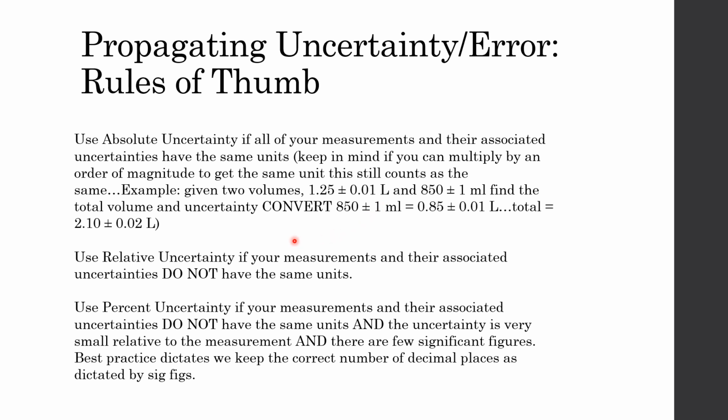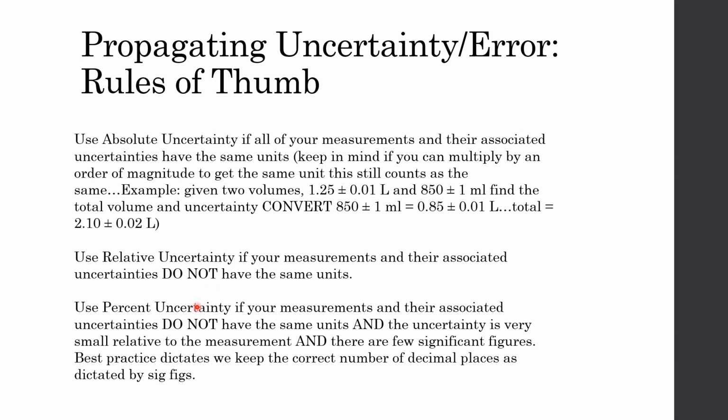Now, for relative uncertainty and percent uncertainty, you're going to want to use these if your measurements and their associated uncertainties do not have the same units. Relative uncertainty is a little bit more common than percent uncertainty, but you can use either one if your units are different.